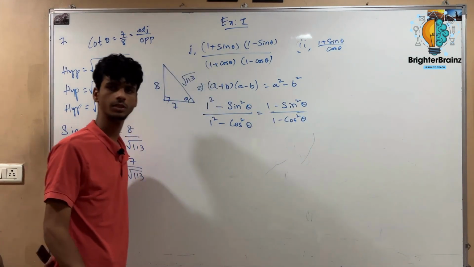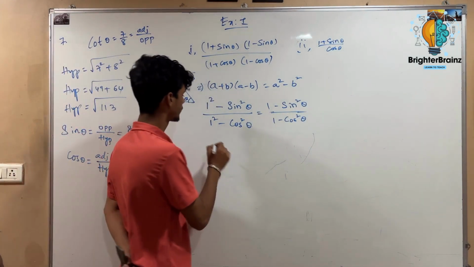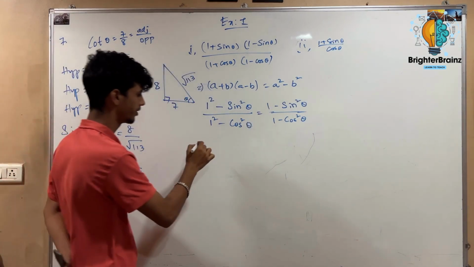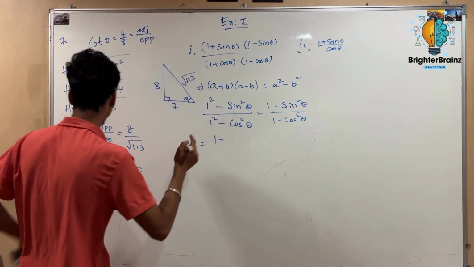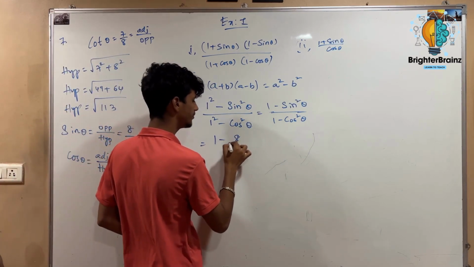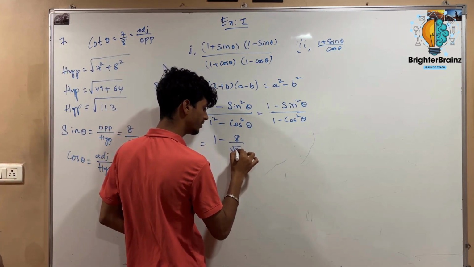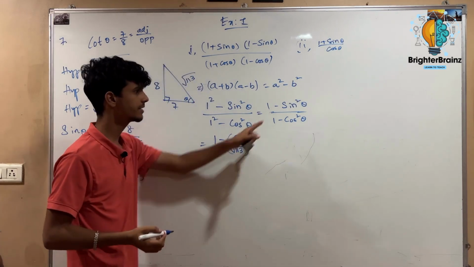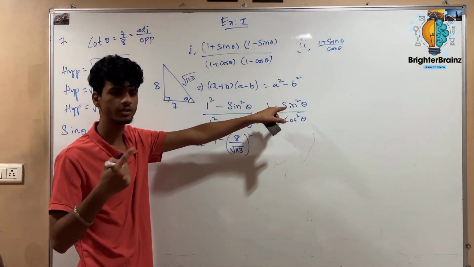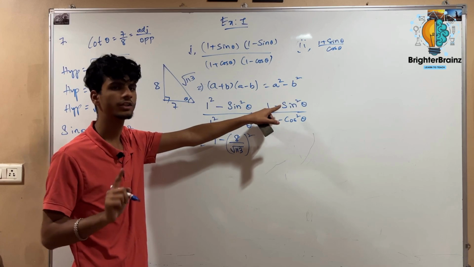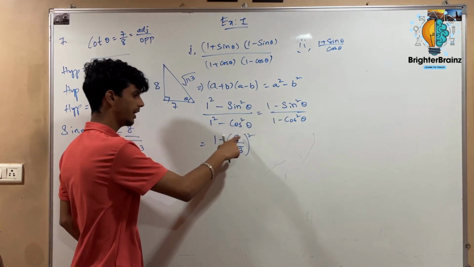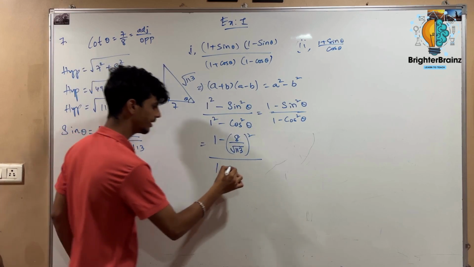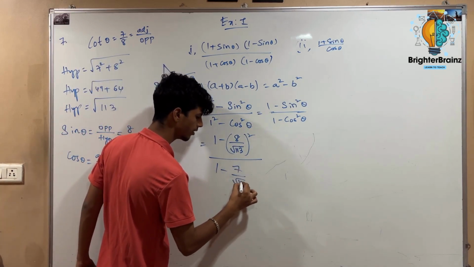Very good. Till now we got it. So let us substitute the values of sine theta and cos theta directly. So 1 minus 8 by root 113 whole square, sine square theta is sine theta whole square, both are the same. Divided by 1 minus 7 by root 113 whole square.